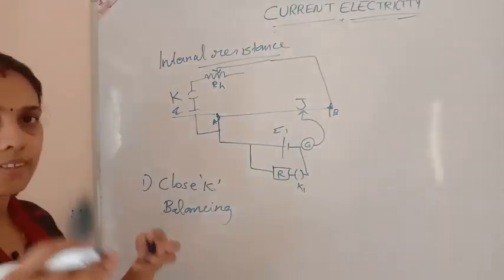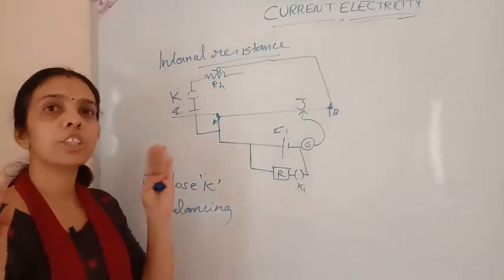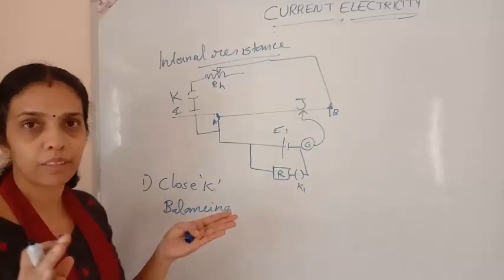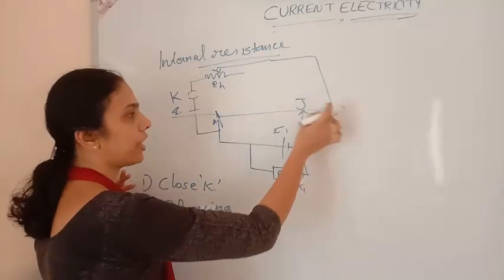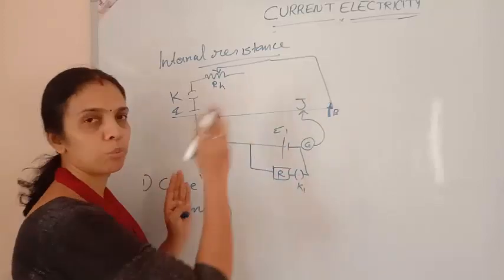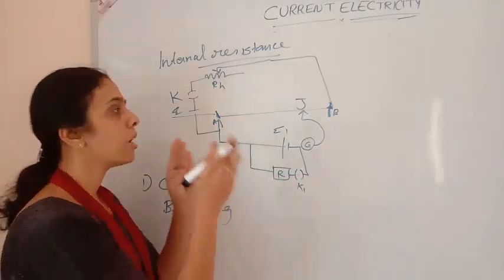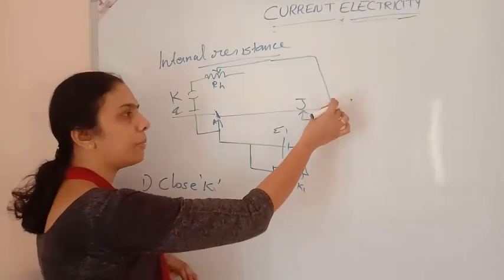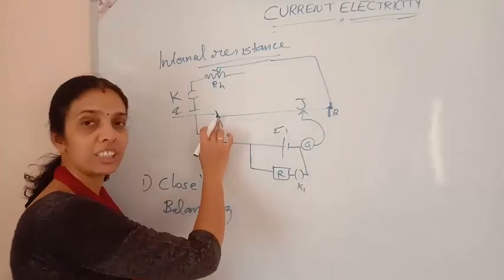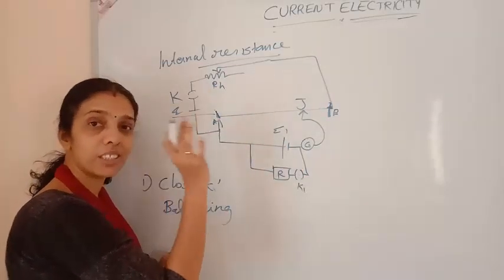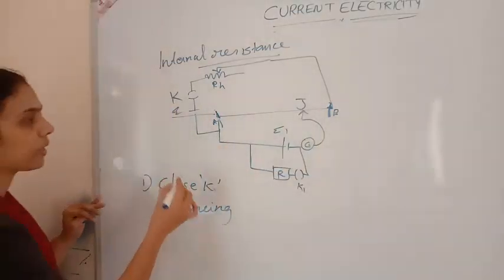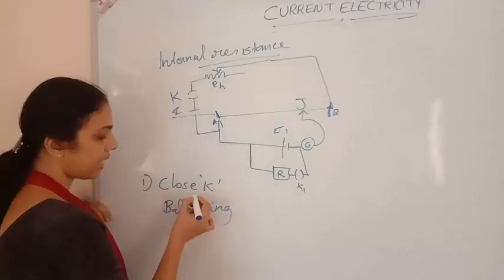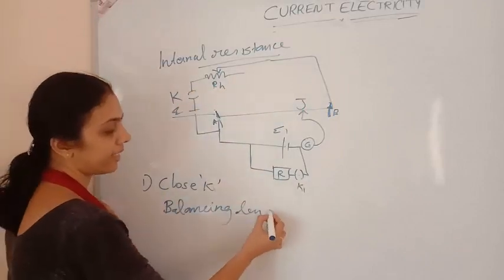Yesterday, while measuring the potential difference, I told the same thing. So while we keep A and B and check whether the deflection happens on both sides, it is because the potential drop across the potentiometer wire should always be greater than the potential drop in the external circuit. Then first we close K and find the balancing length.